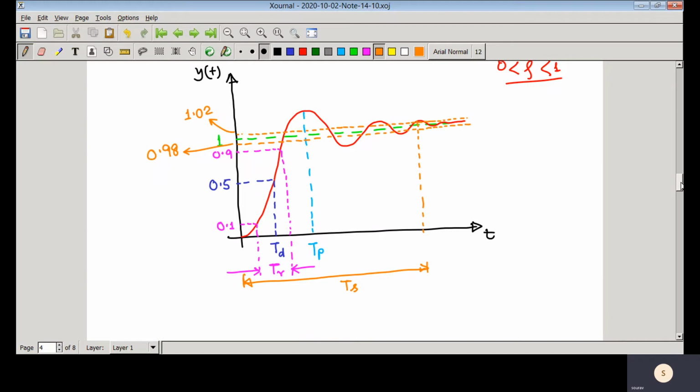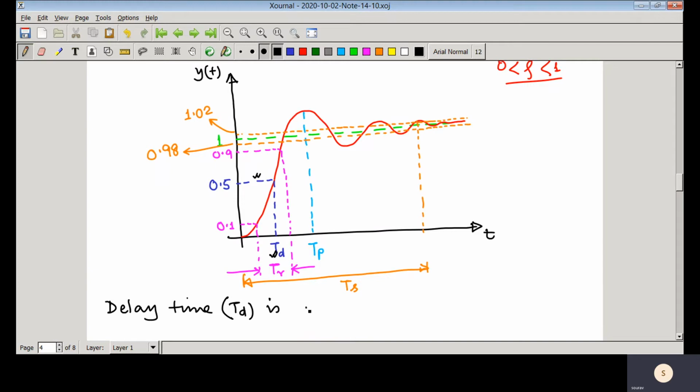So let us see what is called delay time. What is delay time? Delay time is denoted as TD. Here you can see this time is TD. That means this is the time required to reach 50% of the final value.